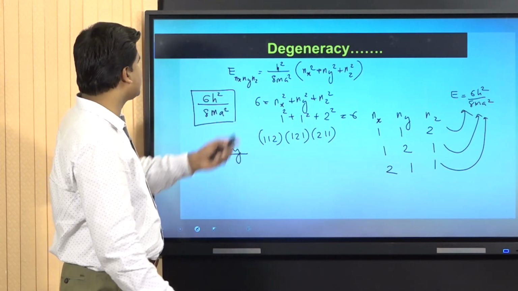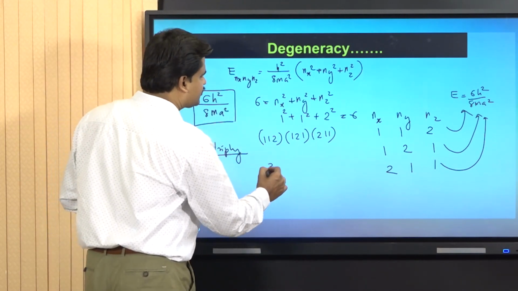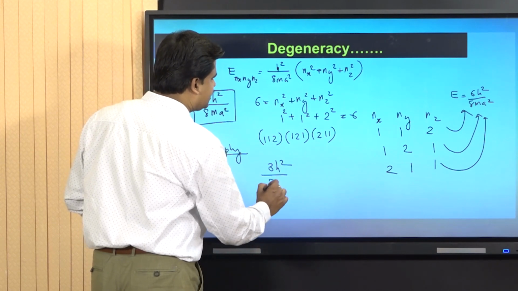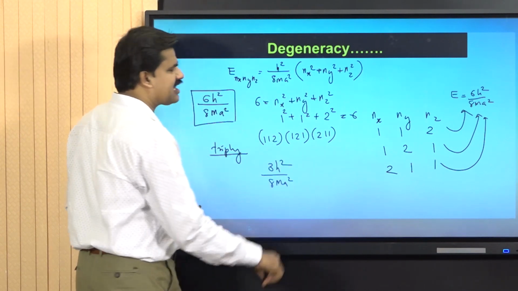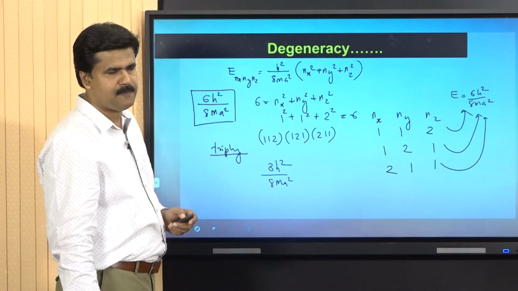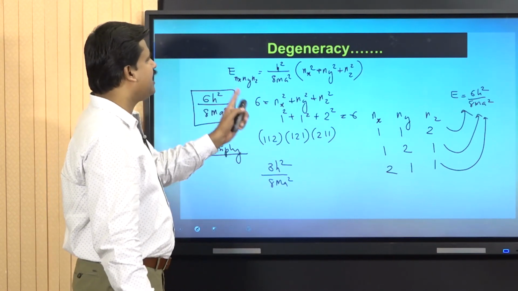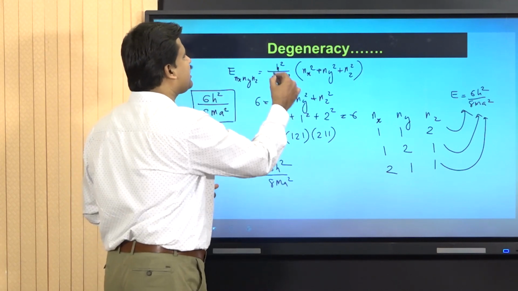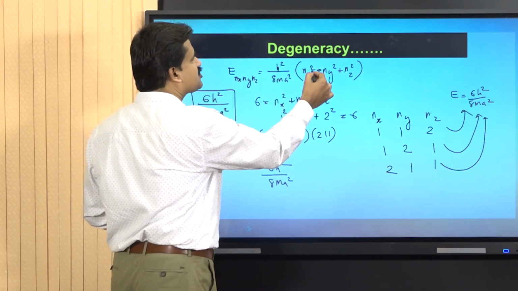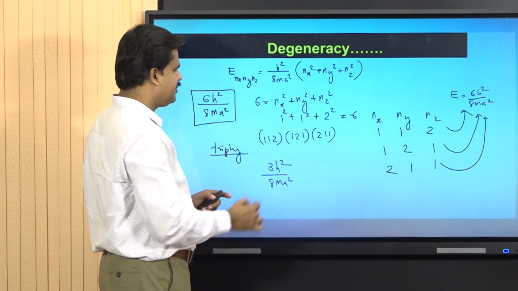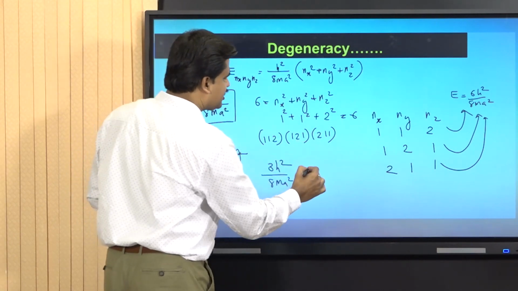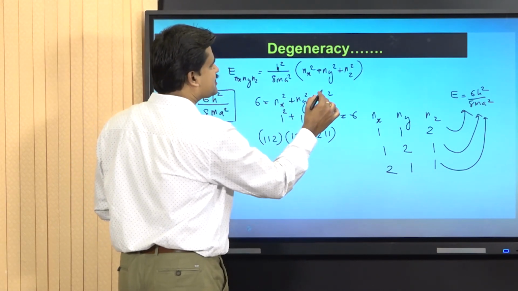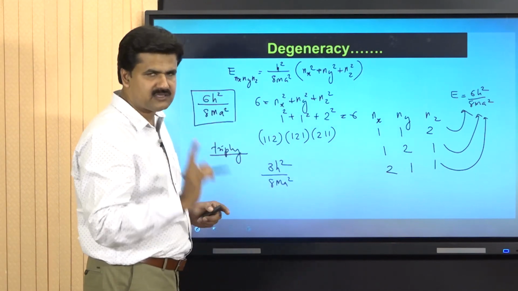Now we can also take the energy level 3h square by 8ma square and try to evaluate its degeneracy. By looking at 3h square by 8ma square and comparing with h square by 8ma square into nx square plus ny square plus nz square, we get the relation nx square plus ny square plus nz square equal to 3.